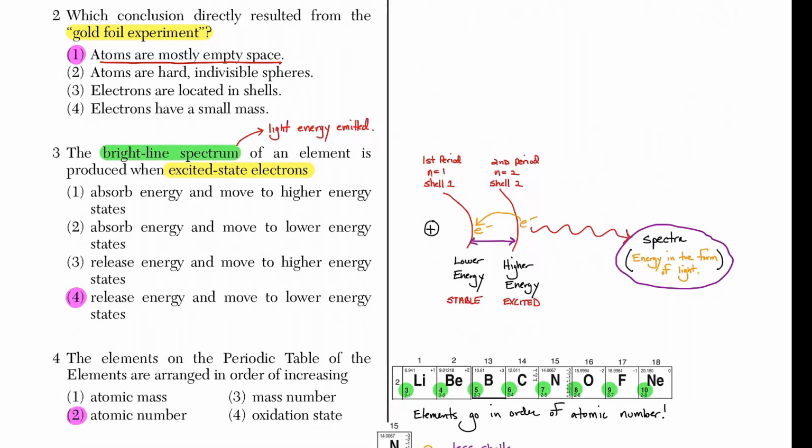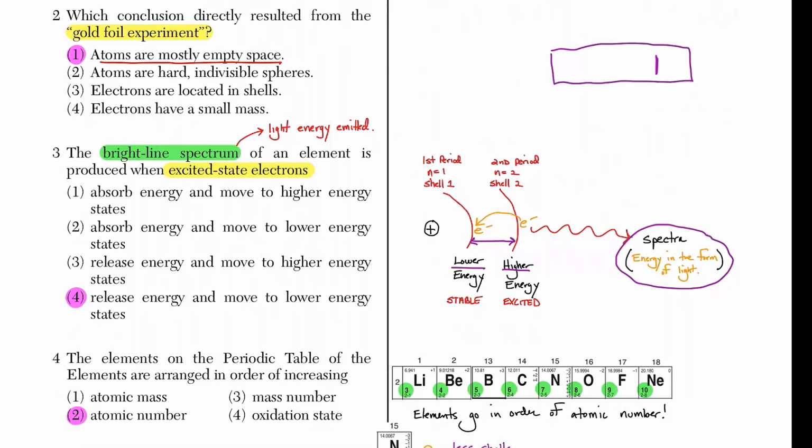Bright line is an exact color given off in a spectroscope that's indicative of a certain wavelength and a certain color of a certain energy that's indicative of an exact leap. We can use bright line spectrum, of course, to identify individual elements, because different elements have different number of electrons, different number of protons, and different energy levels in their leaps. But it must leap back from higher energy farther away to lower.